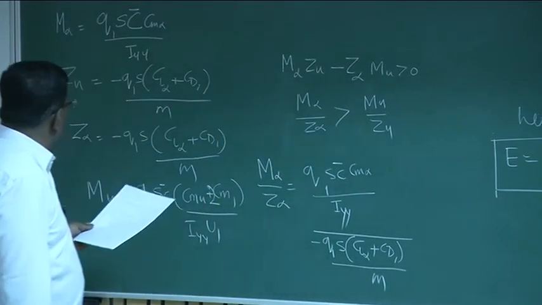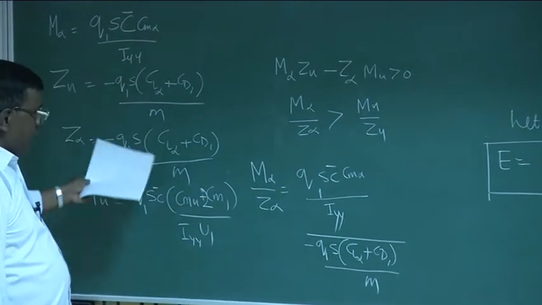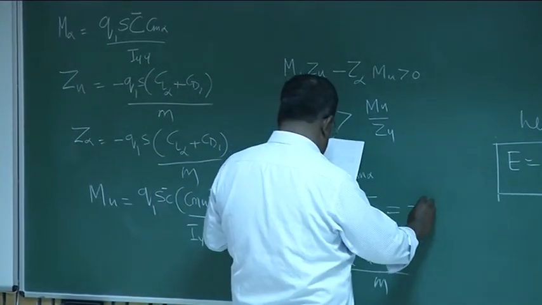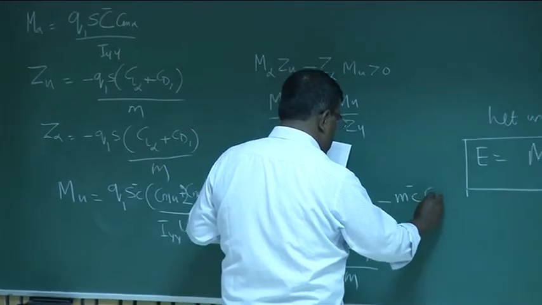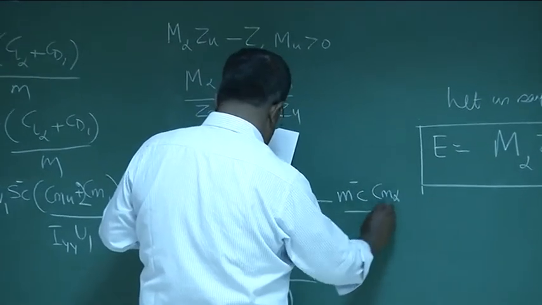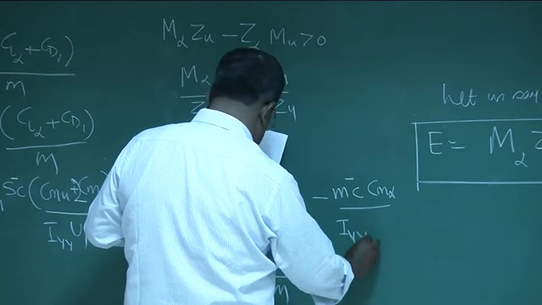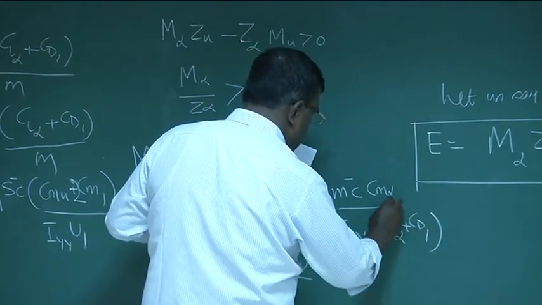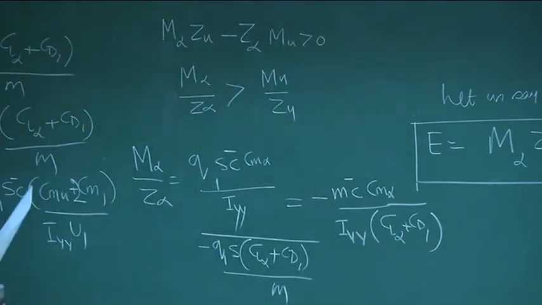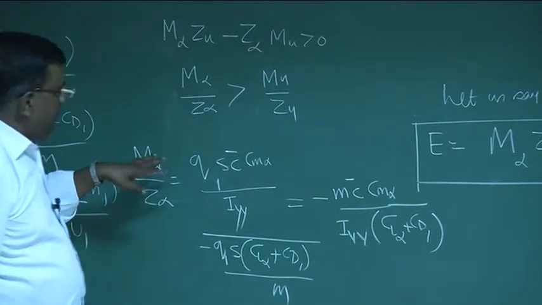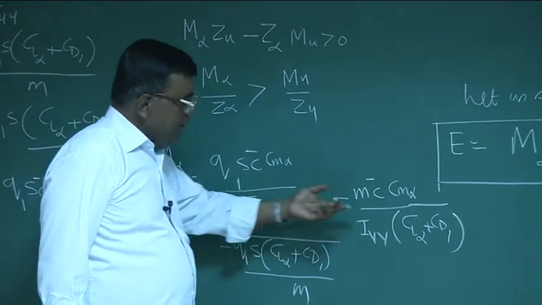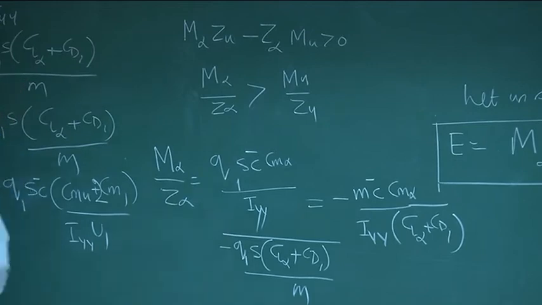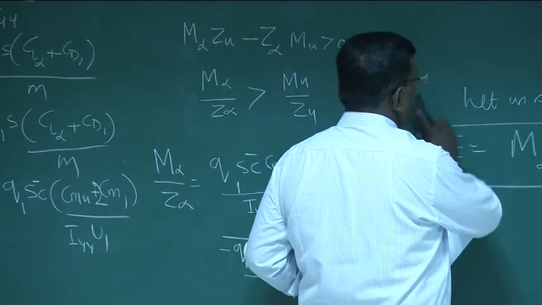If I divide this, I get the expression minus m C bar Cm alpha by Iyy (Cl alpha plus CD1). So what is the final relation? M alpha by Z alpha is this. Similarly, we find out the second term, mu by Zu.